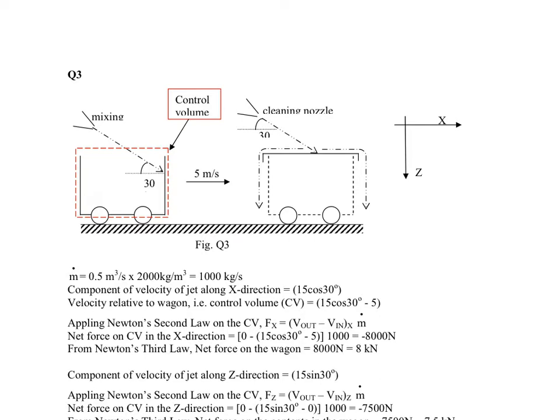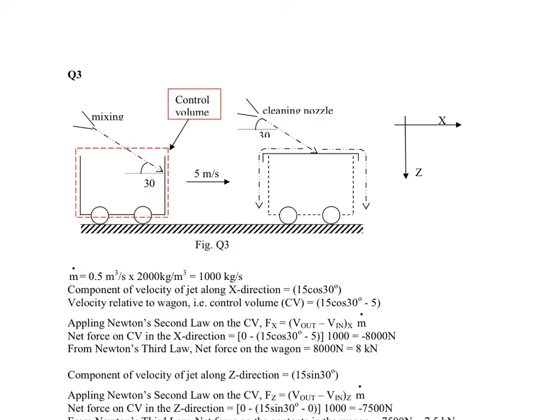In the first part of the question, you are told that there is an arrangement for loading of a solid liquid fluid mixture, which we call slurry, into railway wagons.